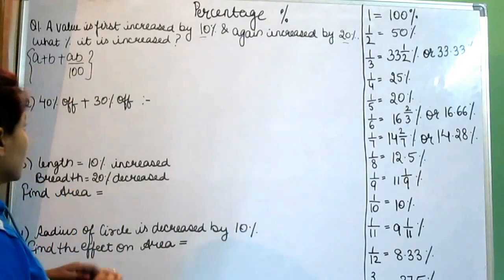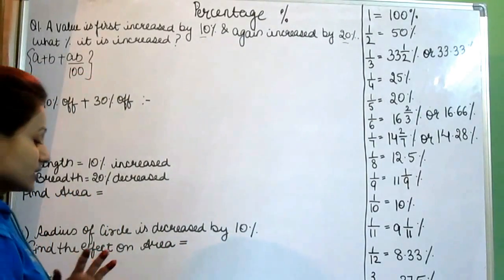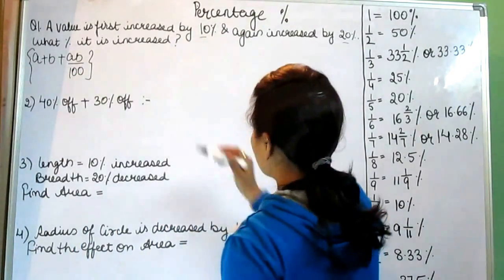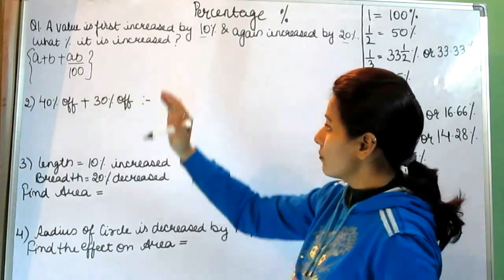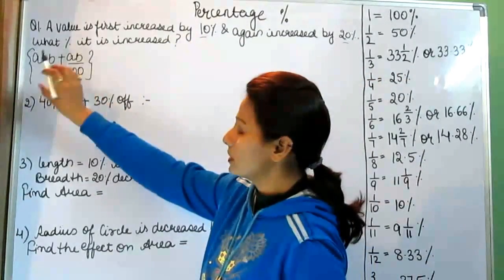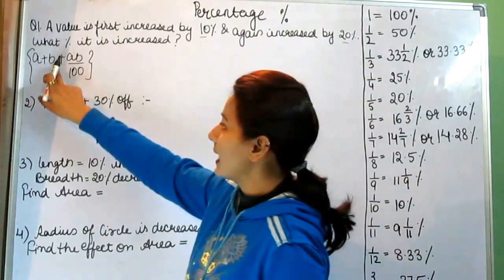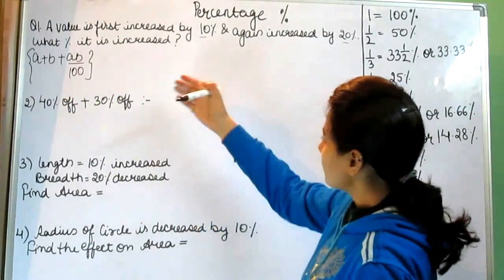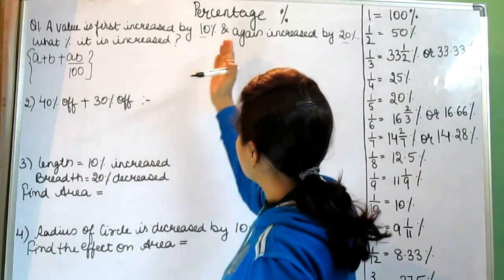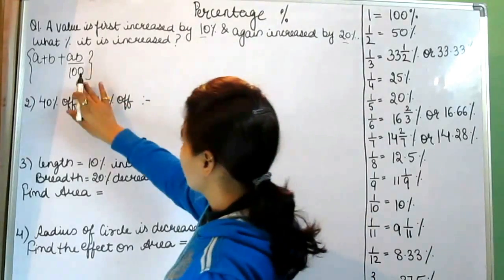But remember, when a number is increased, we put it with a positive sign, and if a number is decreased, we take it as minus. Anyway, put these numbers into the formula.